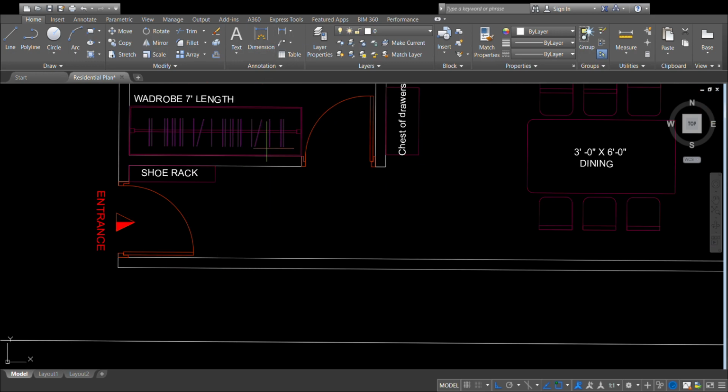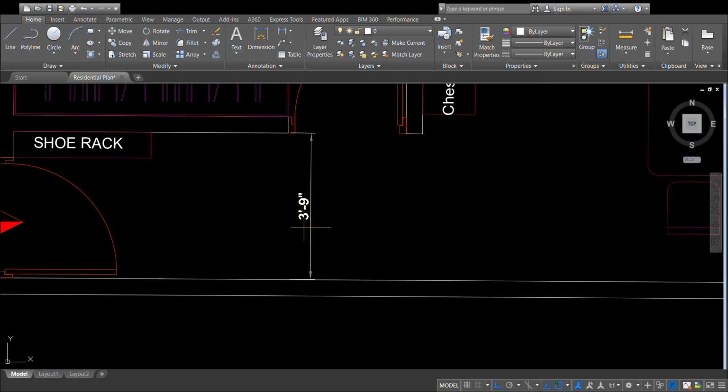If I go to dimension and check the width of this passage, it needs to be 3 feet, or more than 3 feet is always good. That is always spacious. So 3 feet to 4 feet is a very good width for a passage. So 3 feet is standard.